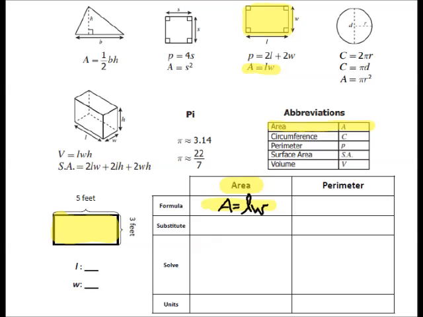So I want to find L, and if I look back in the picture, I see that L is the measurement that's going across, the one across the top. So I know that this measurement would be L, and that is 5 feet long. So I'm going to put 5 in for the length.